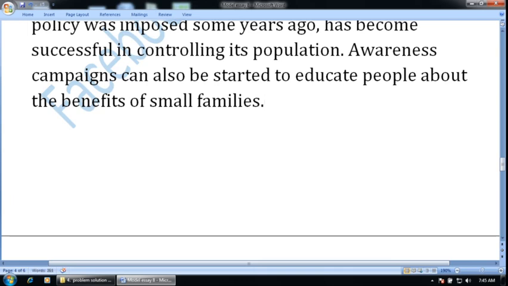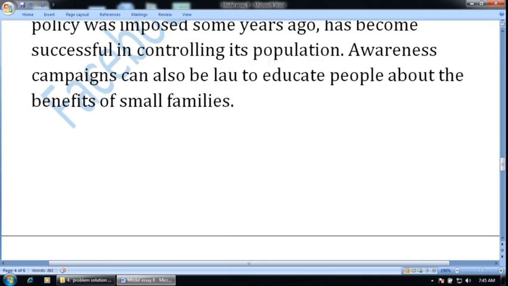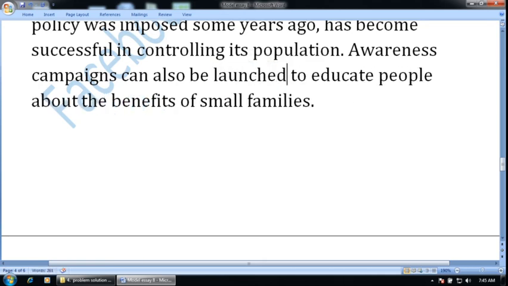Instead of started, can be launched is a very good collocation. Awareness campaigns can also be launched to educate people about the benefits of small families.